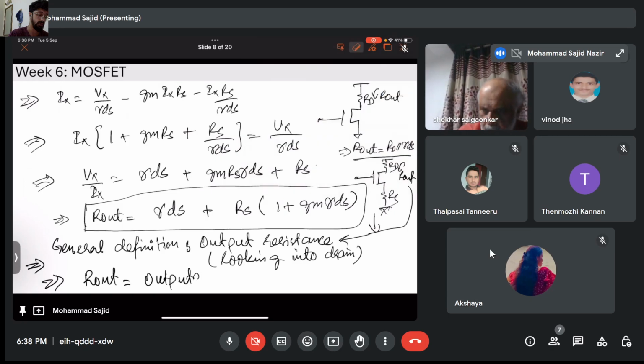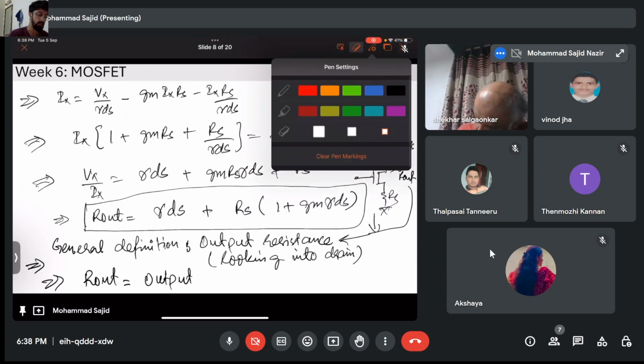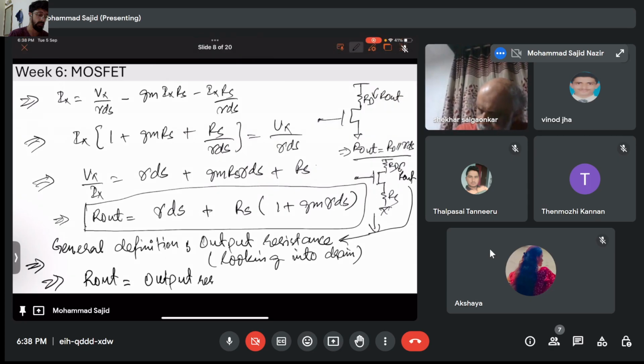There has to be one term that is output resistance plus some part of source resistance. That part of source resistance is given by this term. It's not directly Rs, it's Rs multiplied by 1 plus gain.